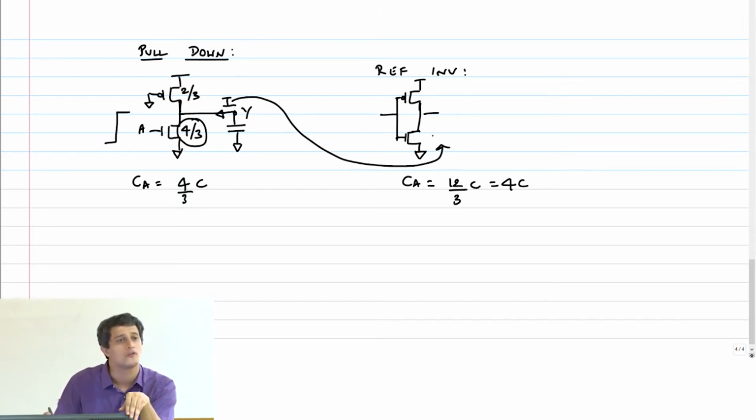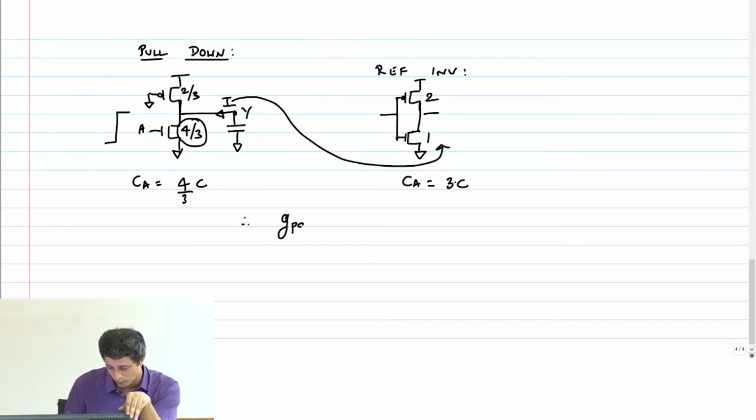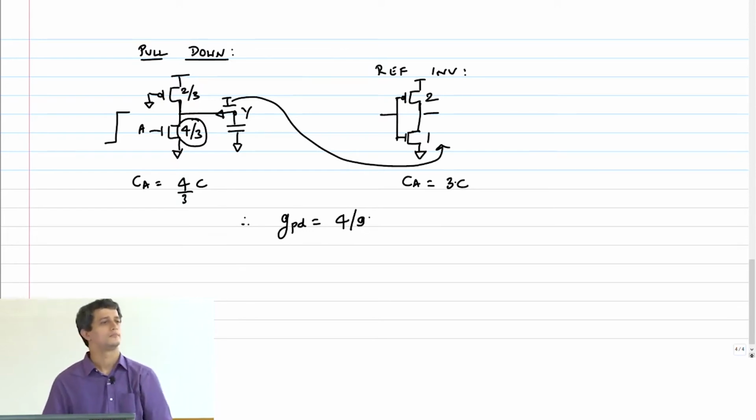What is the number I should put if I want I? 1. If this is 1, what is PMOS? 2. Therefore, CA will be 3C, which implies logical effort of pull down equal to 4 by 9. Which is less than 1. Much less than 1, it's close to half.